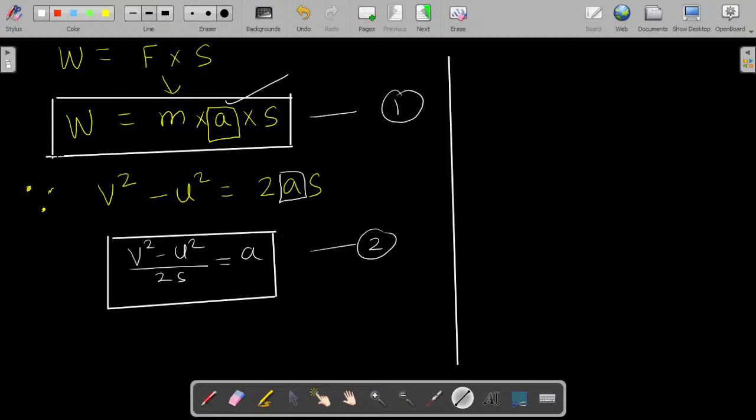So what is the value of work? W represents work, it is m into v square minus u square upon 2s.